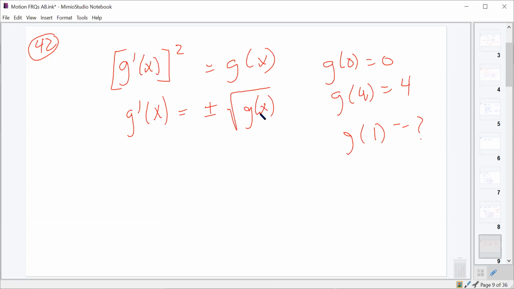That seems like a good place to start. And that would tell us that when we plug in 4 to g, we need to get out 4, which means we should be looking at the positive values here. Let me think about this for 1 second. I haven't looked at this one.